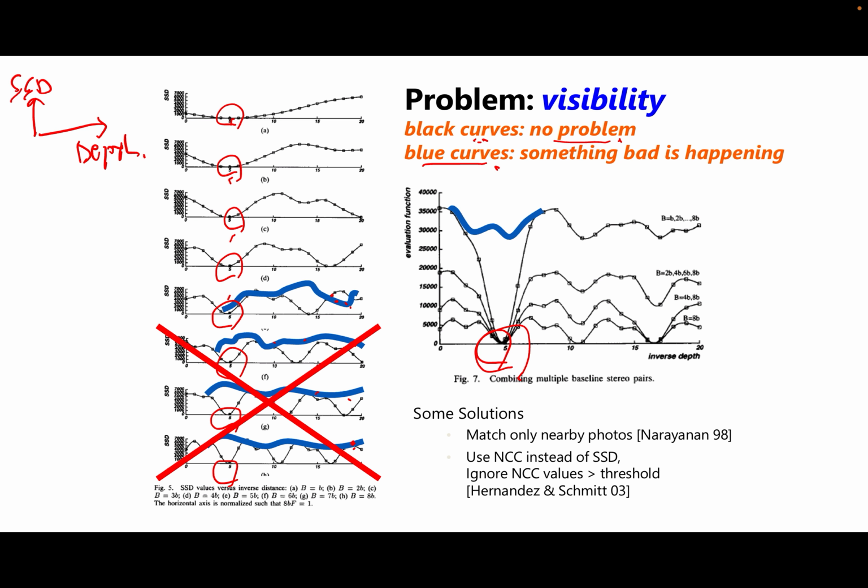The error over the entire depth range is very large. This one as well, we do not have a depth value whose error is small. So if many points are not visible to some cameras, then the blue curve might happen, and then MVS quality is actually very bad.